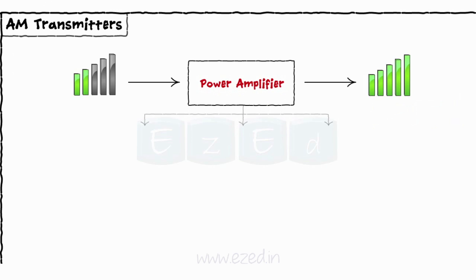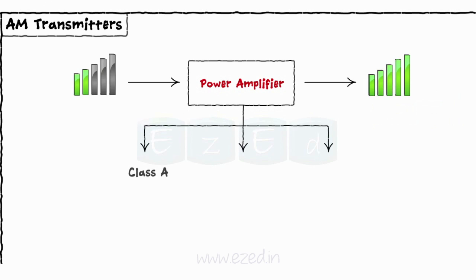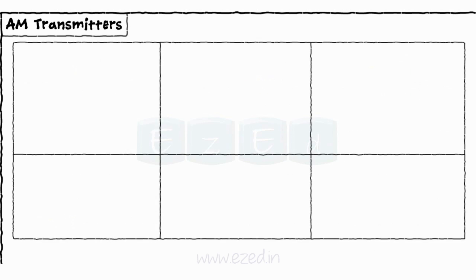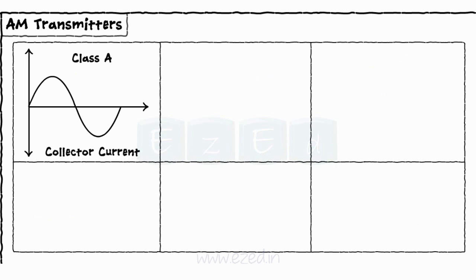We have three major power amplifiers as Class A, Class B and Class C power amplifier, which differ in their efficiency. All these amplifiers are basically bipolar junction transistors. In Class A amplifier, the collector current flows for the entire input signal. As this amplifier uses the entire input signal, its efficiency is low.